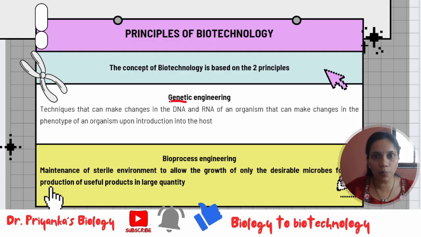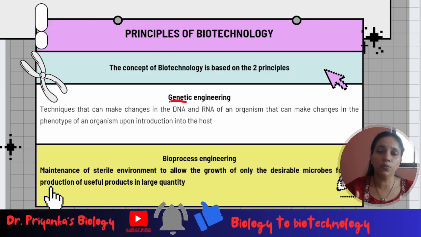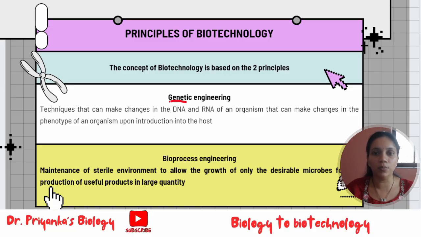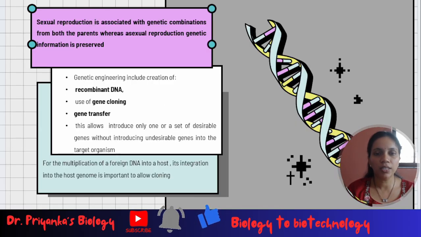So the environment that is provided for the maintenance and growth of such desirable microorganisms, the processes which are involved in the production and for the purification of that particular product obtained from the organism, all these things will come under bioprocess engineering. Which may include your downstream processes also. So now let's go into a little more detail.